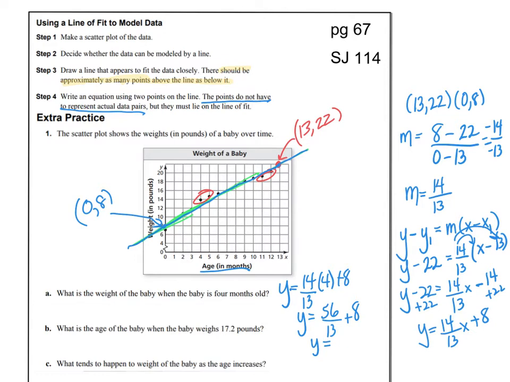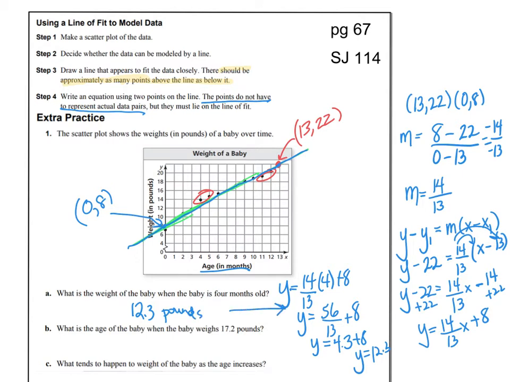Since we're talking about weight, we do need decimals here. So I'm going to divide 56 by 13. I'm going to put 4.3. 4.3 plus 8. So y will equal 12.3. What is the weight of the baby when the baby is 4 months old? So 12.3 pounds. And this is my work for that.